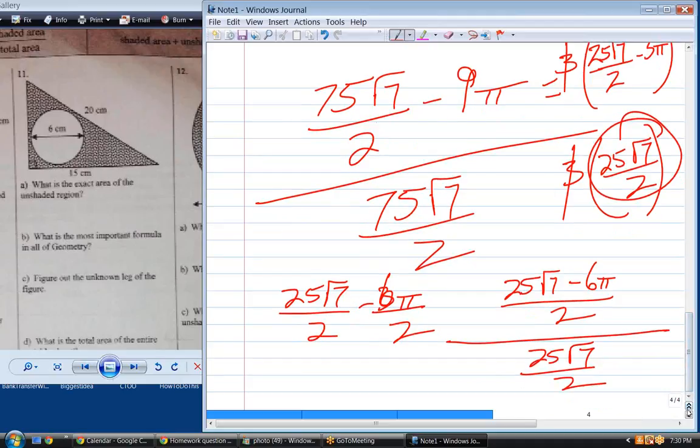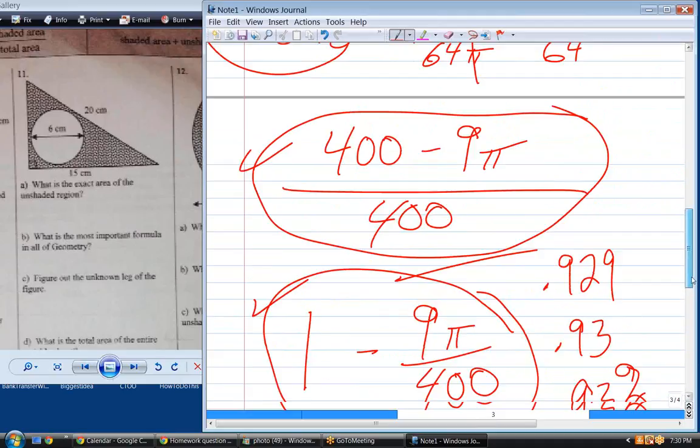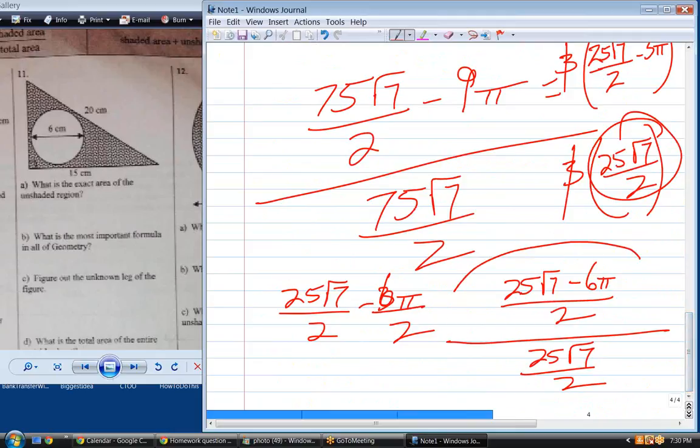And now we do this by doing what? How do we accomplish that division? So the 25 root 7 divided by 2, wouldn't the 25 root 7 cancel itself out? No, the 25 root 7 does not. Well, it depends on how I want to end up doing this.